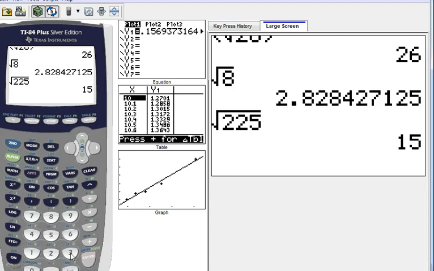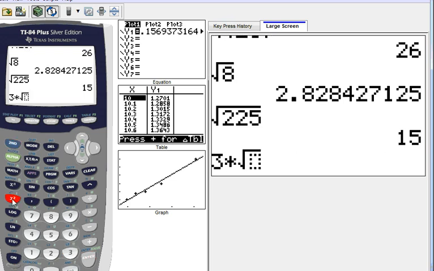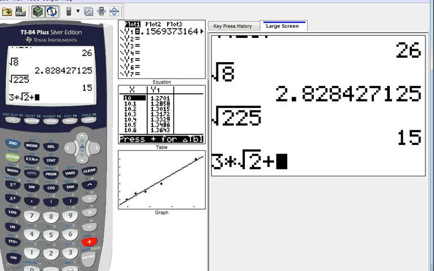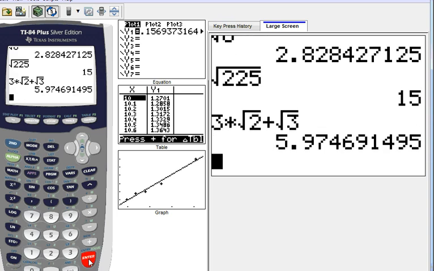Let's check it. 3 times the square root of 2 plus the square root of 3 equals about 5.97.